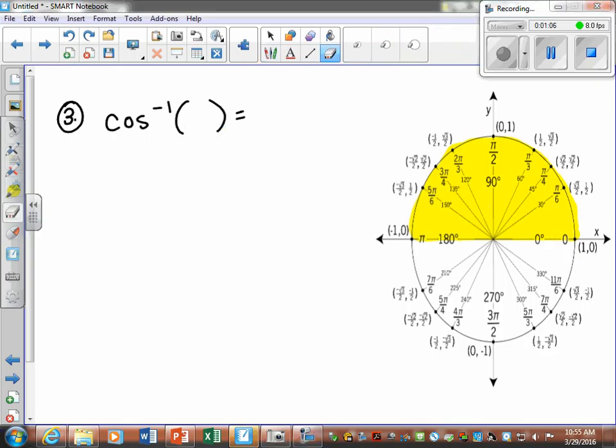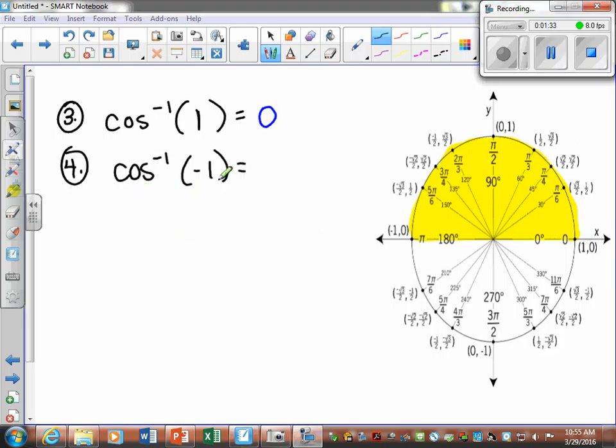Sorry, I wrote it down wrong. What angle would you have to take the cosine of to get +1? What is it? 0. Good. That's here.